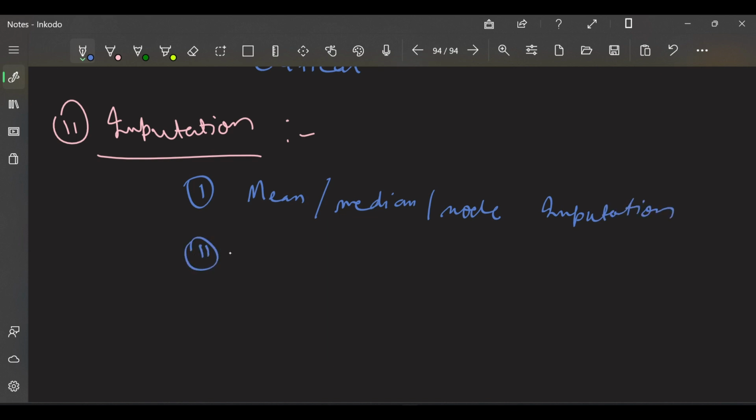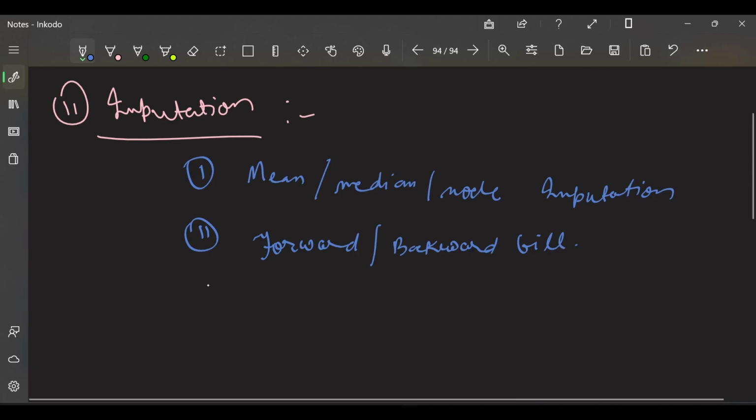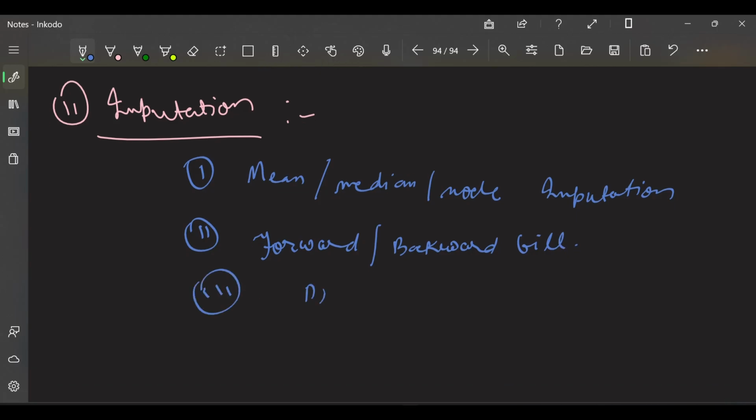Second one is forward and backward fill, and the third one is predictive imputation. So in the imputation, there are three types: first a statistic like mean, median, mode; second forward and backward fill; and third predictive imputation.